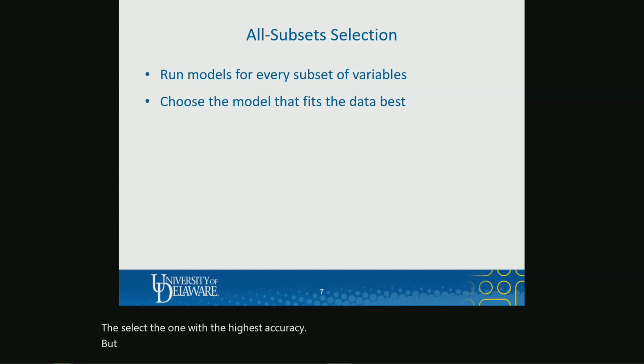But in real life, we usually have way more than 10 potential predictors. In real life, we may have maybe 100 predictors, 100 independent variables that can become predictors.